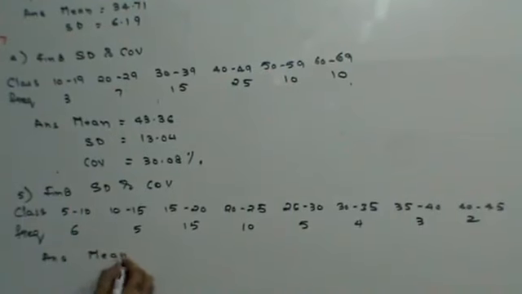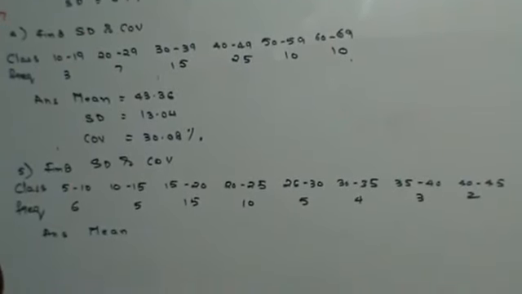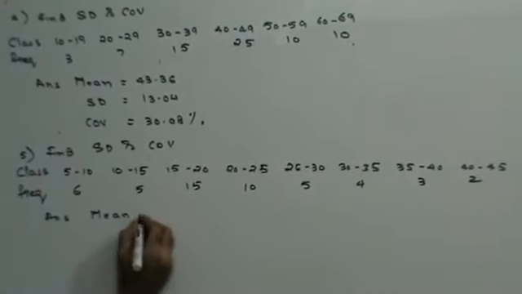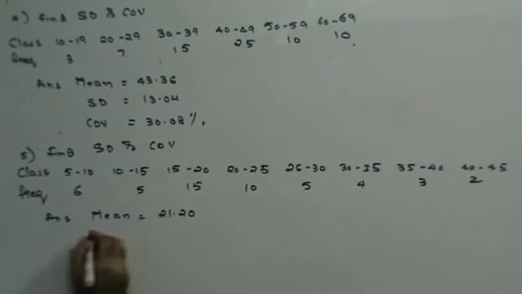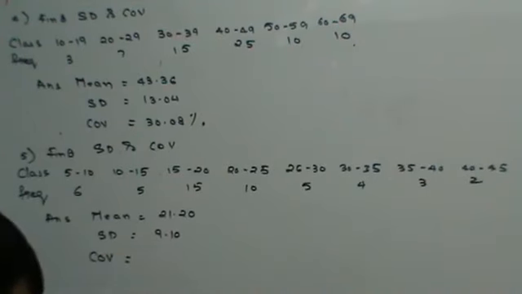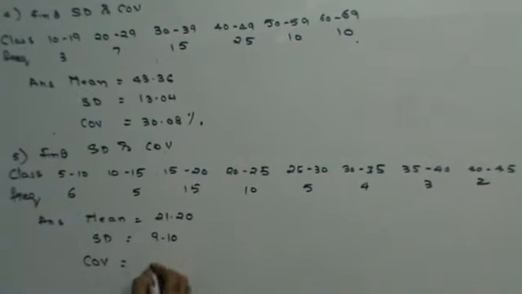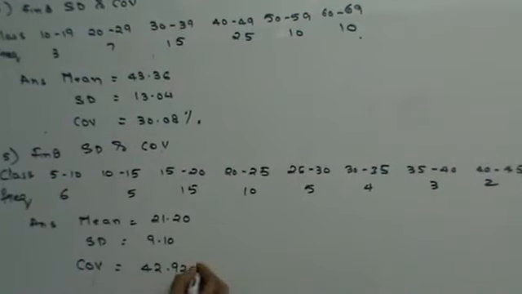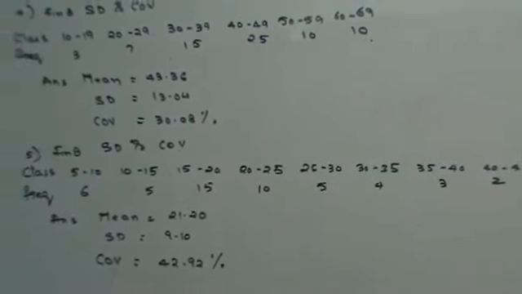You should get the value of mean as 21.20. Standard deviation should be 9.10 and coefficient of variation should be 42.92%.